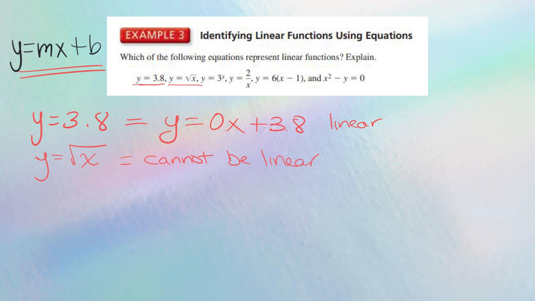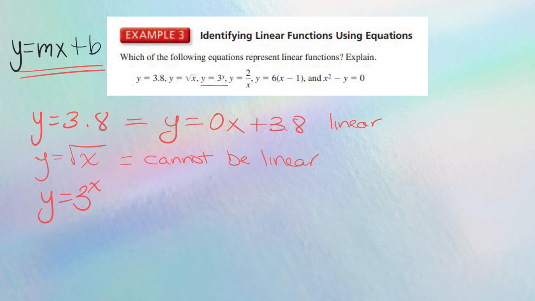Let me erase here so we could see. The third one is y equals what? 3 to the power x. Can that be linear? Can I rewrite that as a linear?